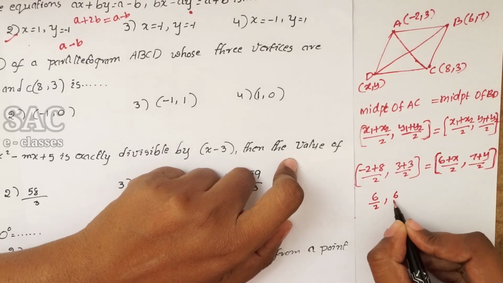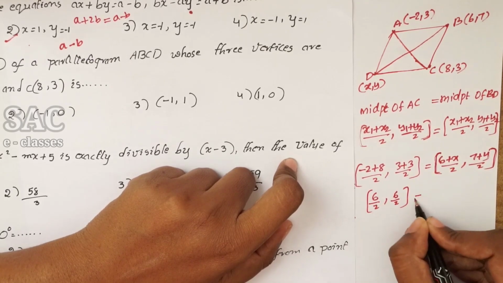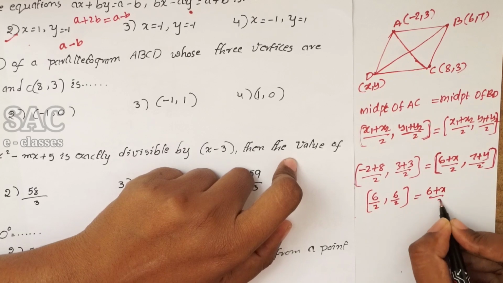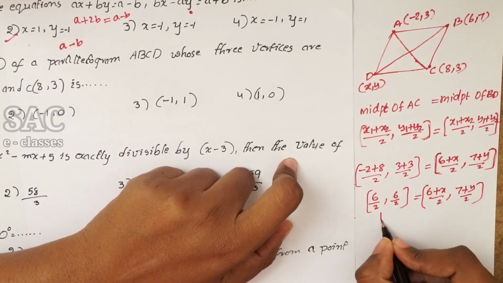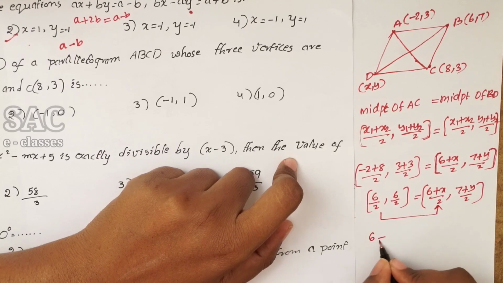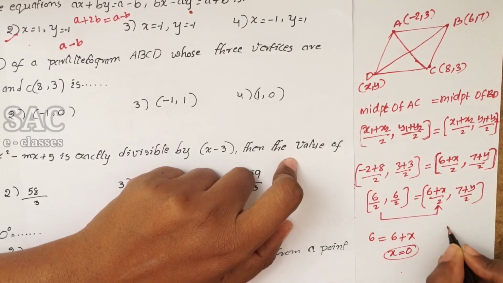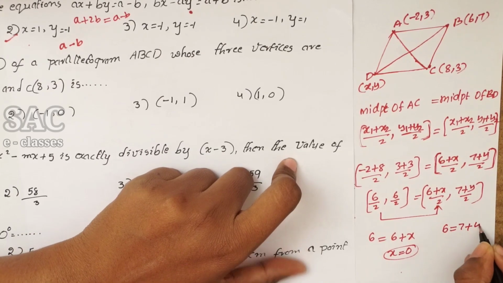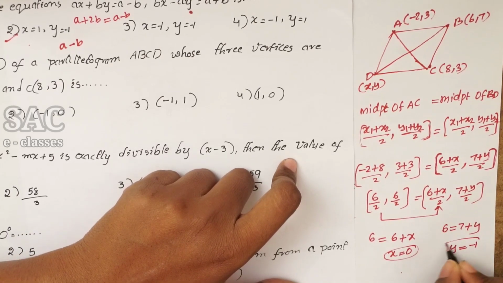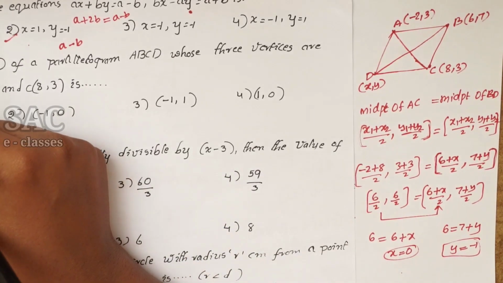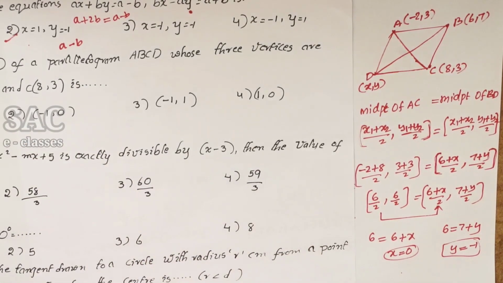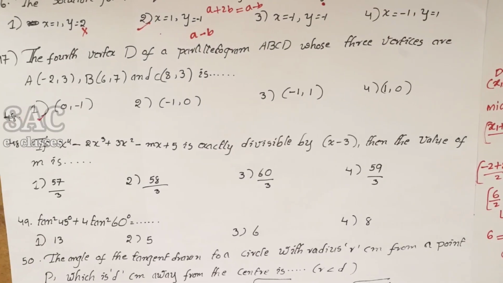So 6 by 2 comma 6 by 2 equals 6 plus x by 2, 7 plus y by 2. 6 equal to 6 plus x, where x equal to 0. 6 equal to 7 plus y, where y is equal to minus 1. Then 0 comma minus 1 will be the missing vertex.